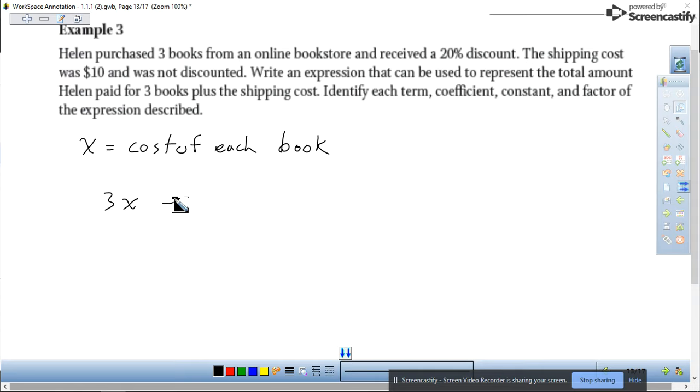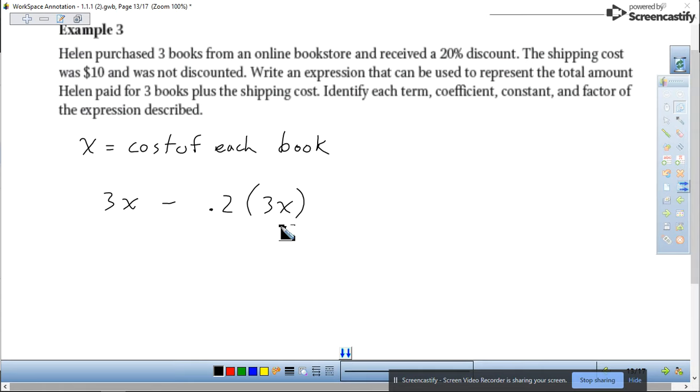Again, as in the last example, I want to take that 20% and change it into a decimal. So we're going to do 0.20, okay? Or we can do 0.2, however you want to write it. So 0.2 of what? Well, of the total cost of the books, which again we said was 3X. So 0.2 of 3X. Okay?